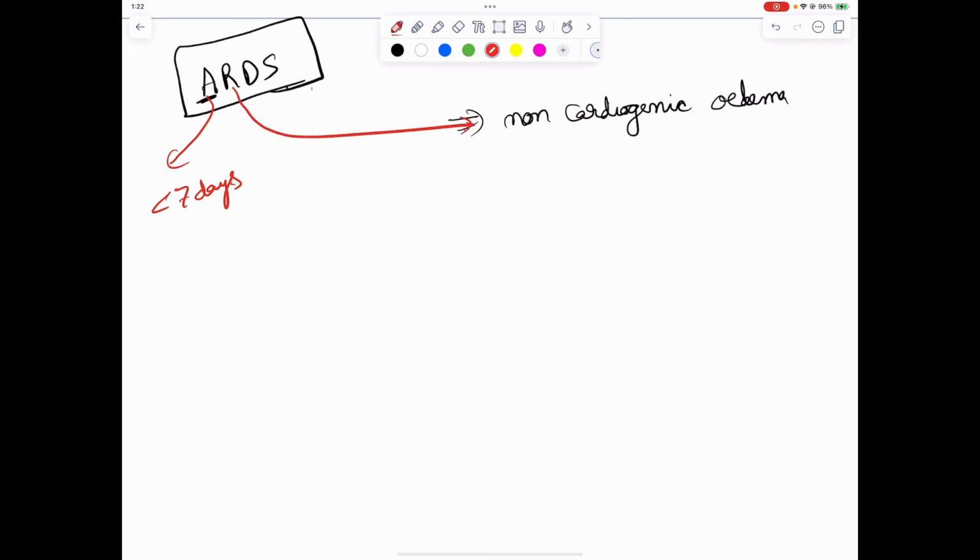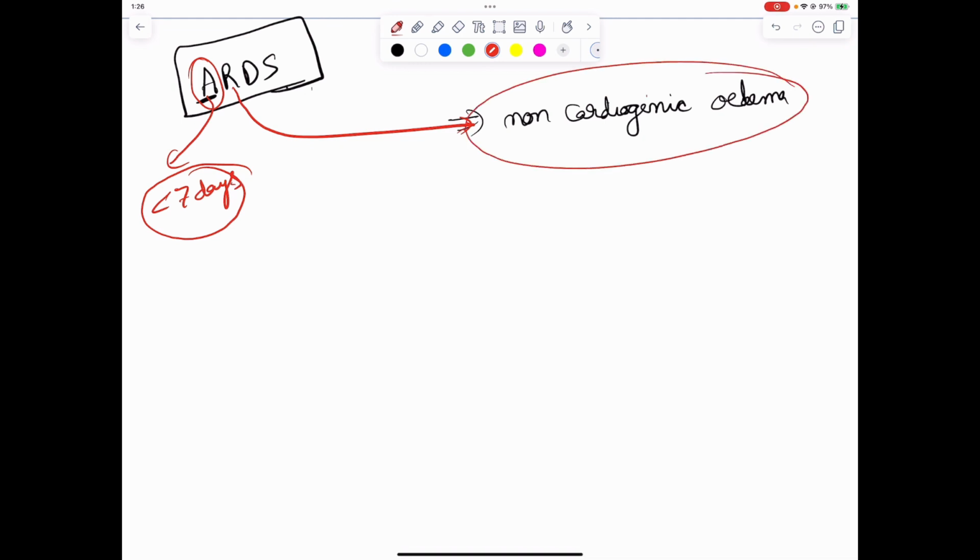For respiratory there should be non-cardiogenic pulmonary edema, and for distress, these things can be remembered for the diagnostic criteria of ARDS. Acute can be depicted by less than 7 days, respiratory that is non-cardiogenic edema, and there is ultimate distress.